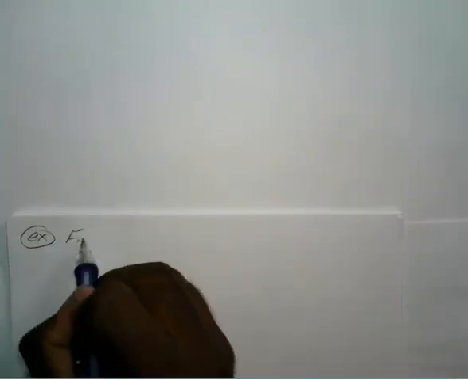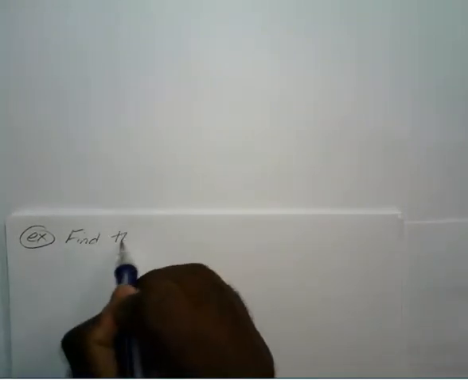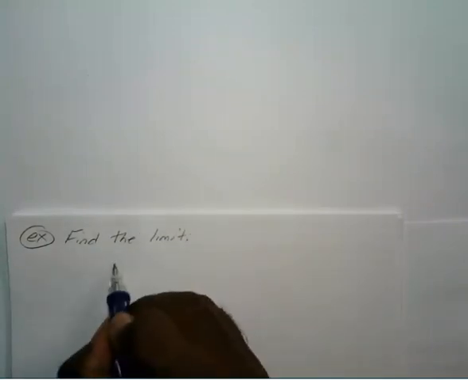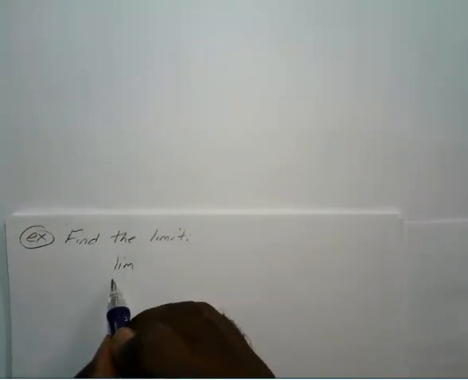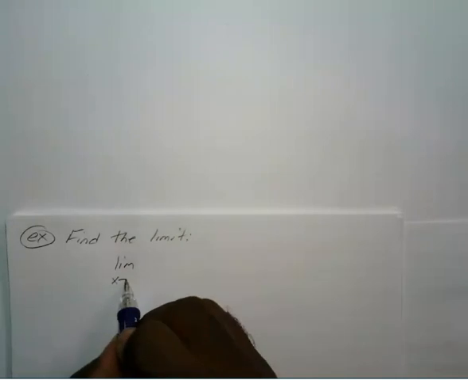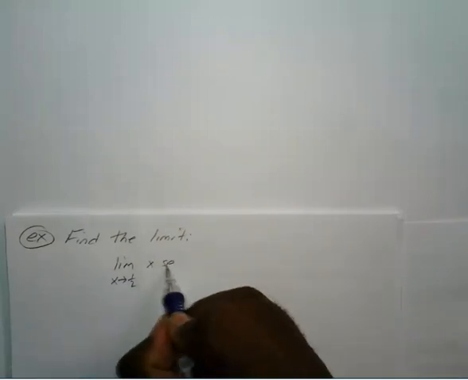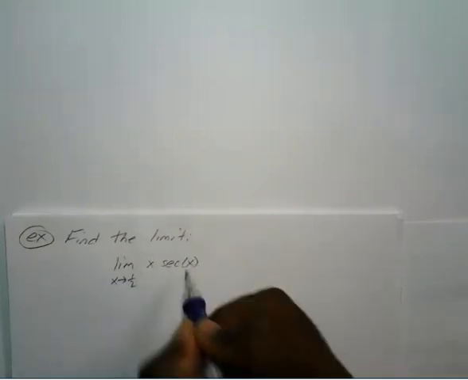Alright, so let's say, for example, we want to find the limit as x approaches 1/2 of x times secant of x. No, actually make it secant pi x.